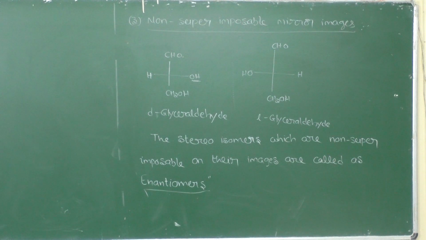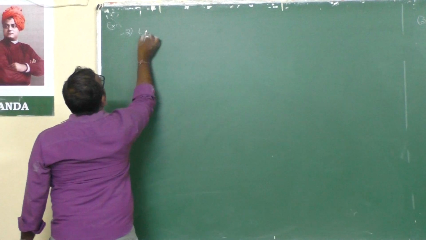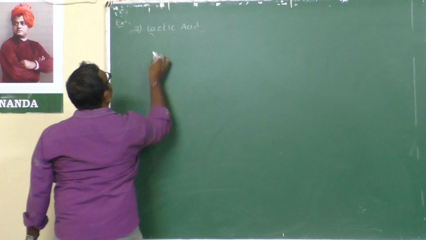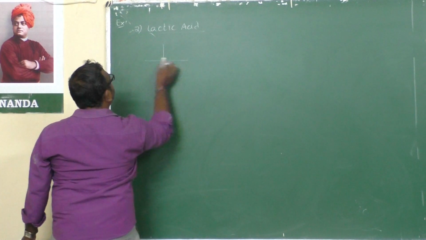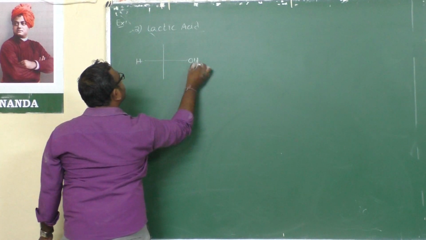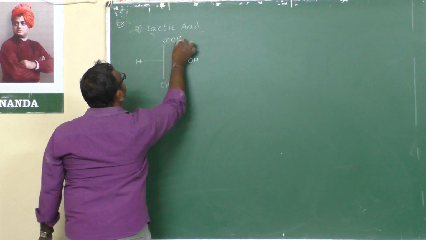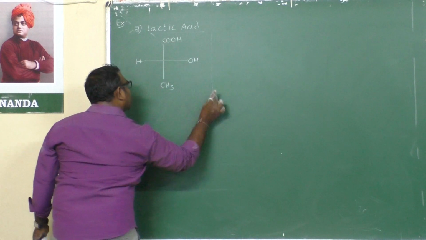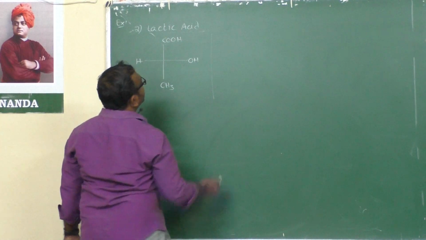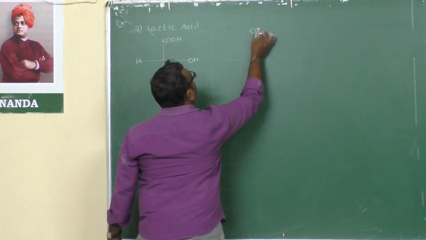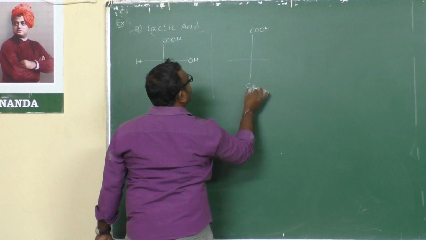Next example is lactic acid. Example 2. Lactic acid: H, OH, CH3, COOH. Take a mirror image. Then what happens? Right will appear on the left and left will appear on the right.